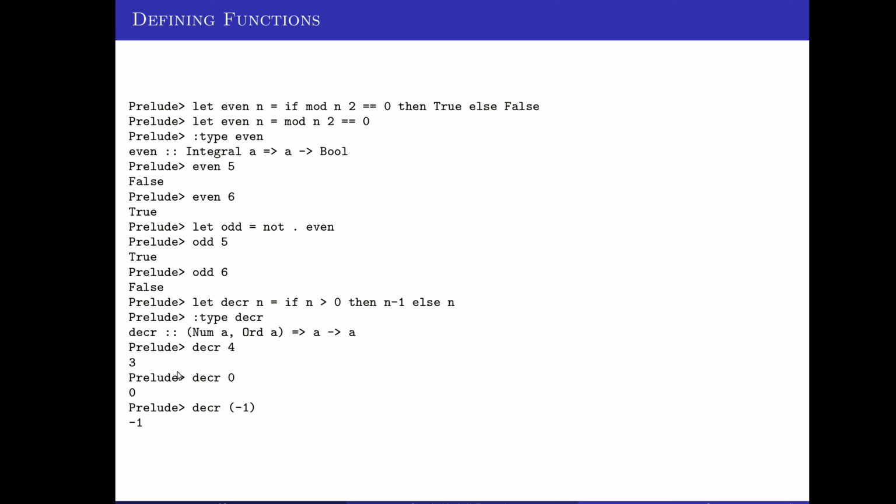And we can do these decrements on different numbers. Remember that in a purely functional language like Haskell, this does not change 4, or if I said decrement x, it does not change x. It applies decrement to x and gives us a new result from it. And here you can see that it doesn't decrement 0 and it doesn't decrement a negative number.